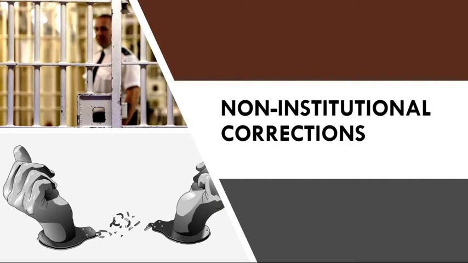It is called non-institutional because the persons deprived of liberty are being punished outside the institutional corrections. That is the subject you took last semester. From the word itself, non, it means they are outside of the institution. That is why it is also called community-based corrections.